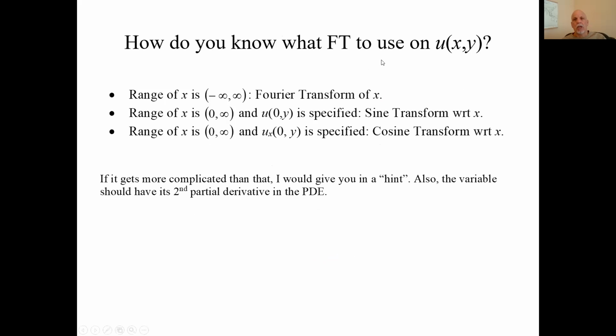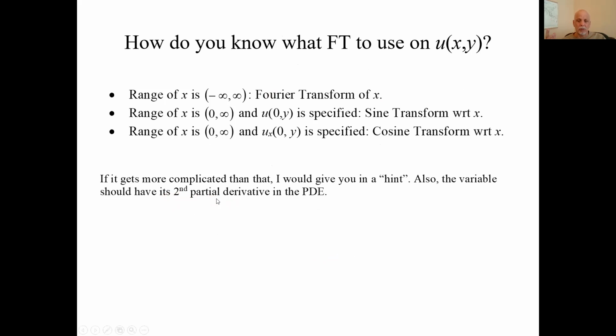Okay, here's what I would say. You have 2 variables and 3 different transforms, which gives you 6 permutations of which transform to use over which variable. First, you're always going to take the transform of a variable that shows up as a second derivative.